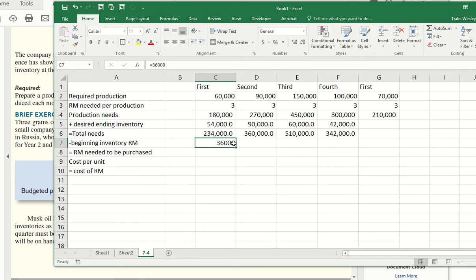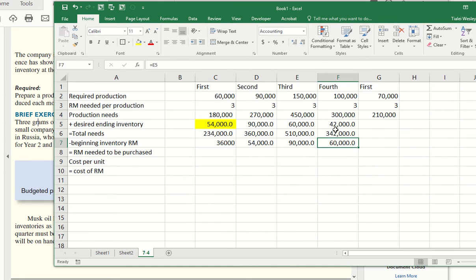Remember, our ending inventory at the very end of the first quarter at 11:59 p.m. becomes our beginning inventory. So maybe I can highlight that. This becomes our beginning inventory, or was our ending inventory. Again, ending inventory at 11:59 p.m. becomes our beginning inventory the following quarter.